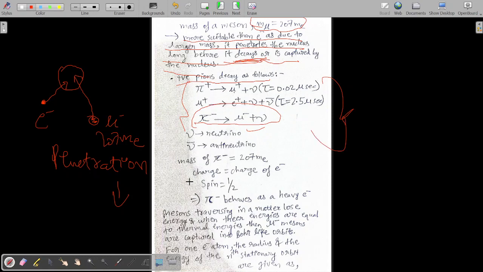So first of all, mesons traversing in a matter lose energy, and when their energies are equal to thermal energies, mu minus mesons are captured into Bohr-like orbits.